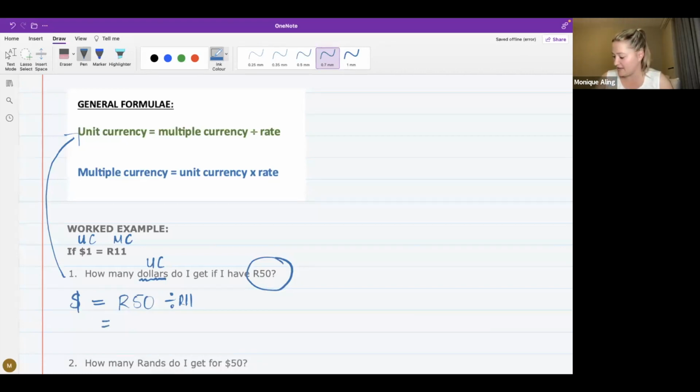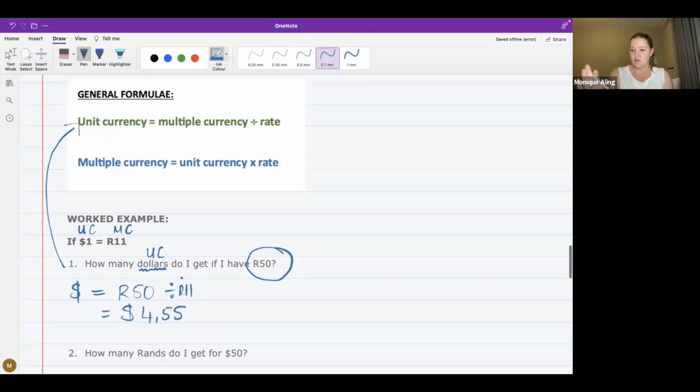Which gives us $4.55. If you can't draw the currency sign or symbol, you're more than welcome to say $4.55 and write it out in full.